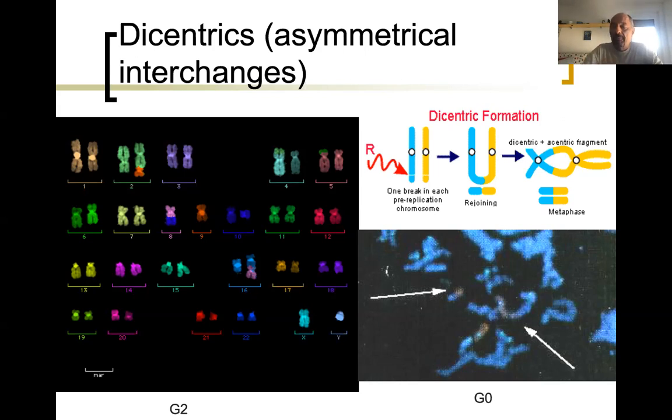For example, if you break two chromosomes, we are talking about G1 here, chromosome type, so every chromosome is only one chromatid. If you break the blue and the yellow, instead of having proper rejoining, you can make a mistake and misrejoin the blue with the yellow.